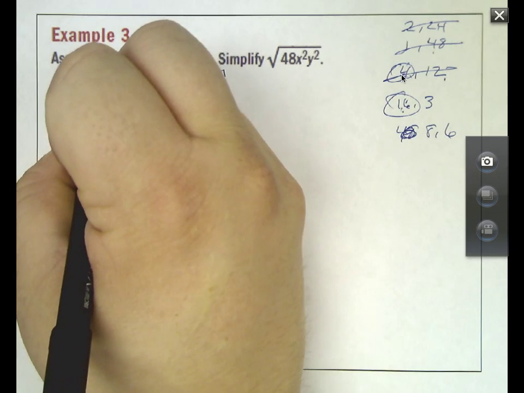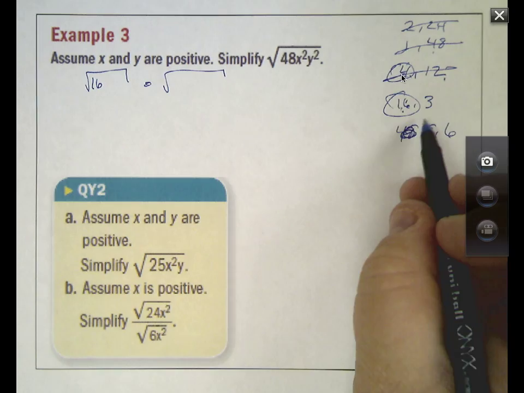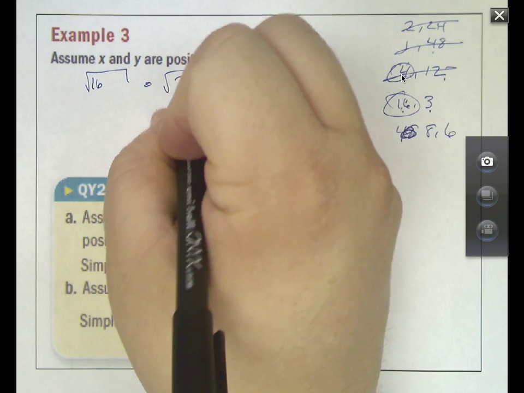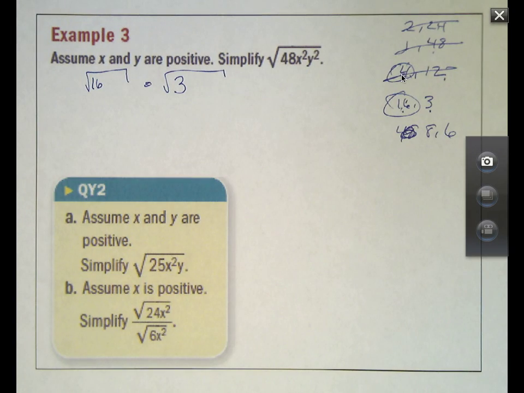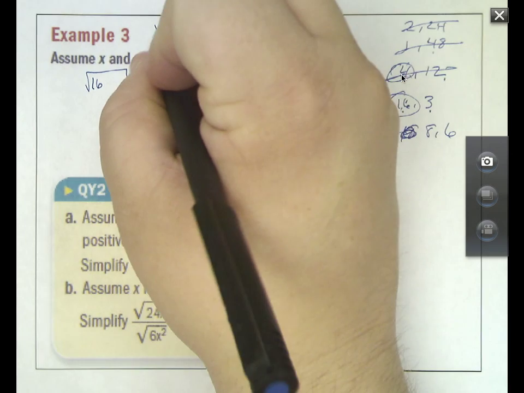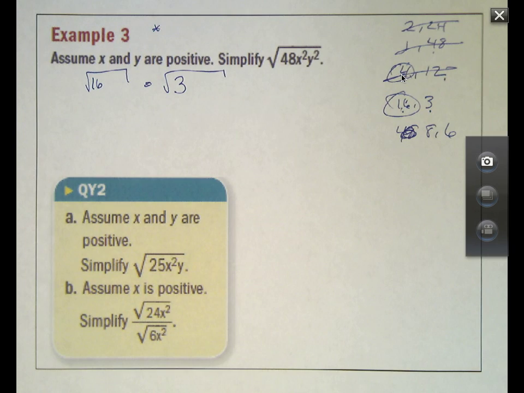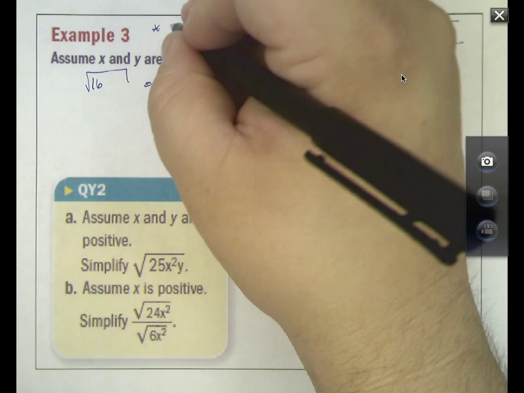16 and 3. So in my good box, I'm going to put 16. In my bad box, I'm going to put 3. Now, here's a note that you need to make.